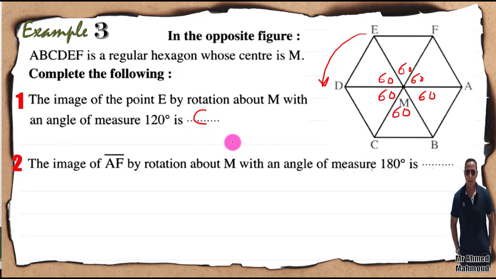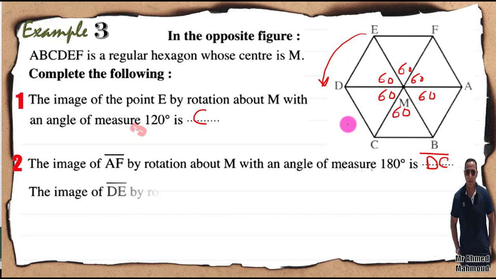Here AF around M with angle 180 degrees. I'm going to rotate A 180 degrees to come at D, and F 180 to come at C. So the image of AF is DC.